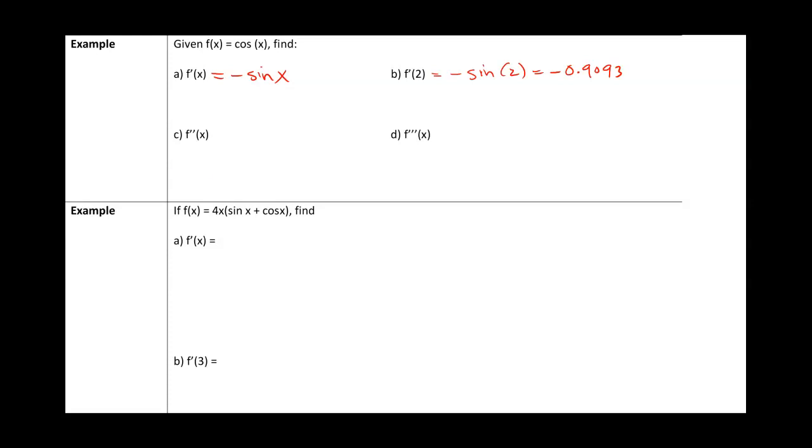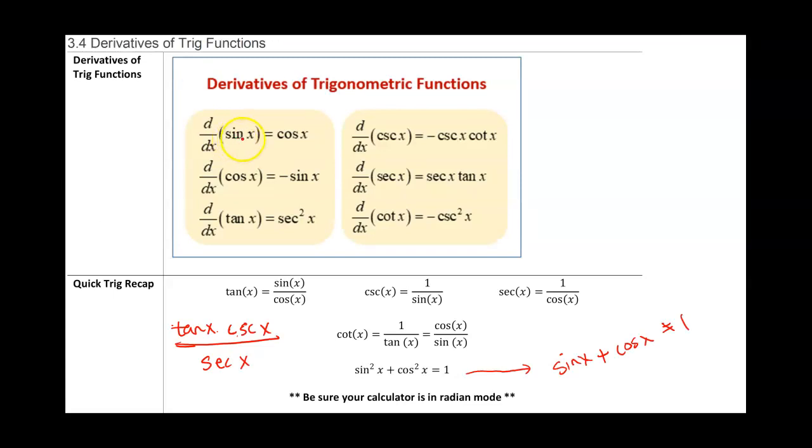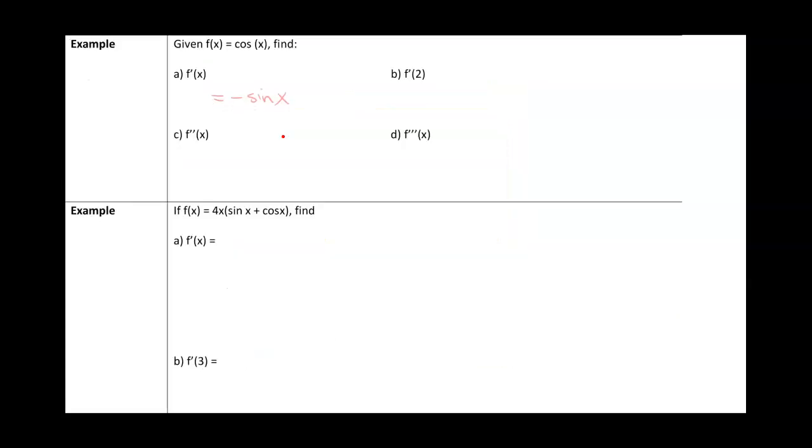Now, f double prime of x means the derivative of f prime of x. So if we go back and look at our derivative of sine of x, that's equal to cos x. If we take the derivative of f prime of x, the derivative of sine is cosine, but we have a negative sign that carries down.